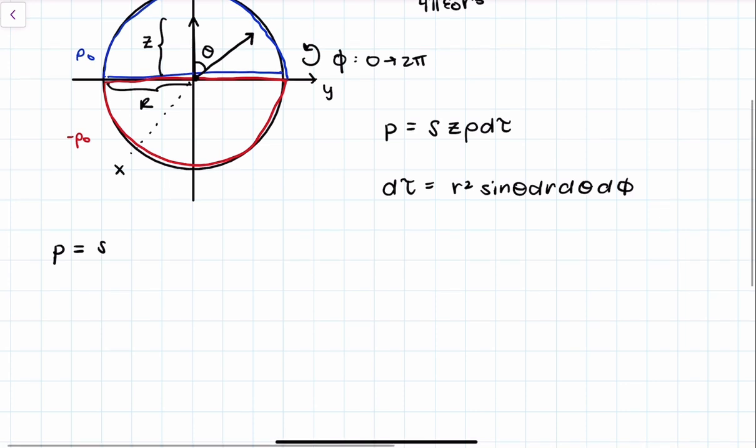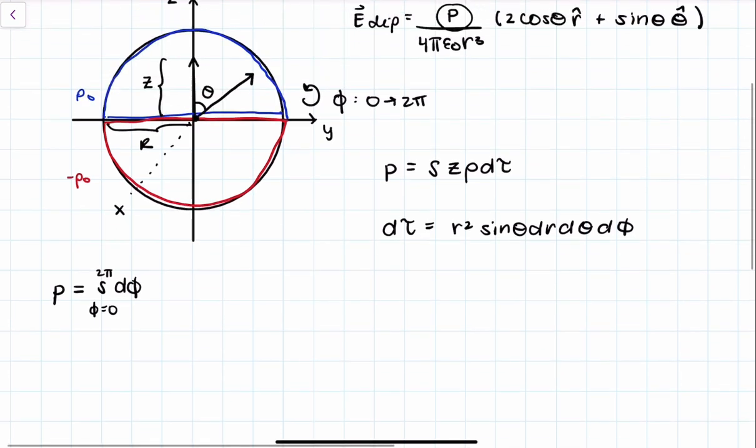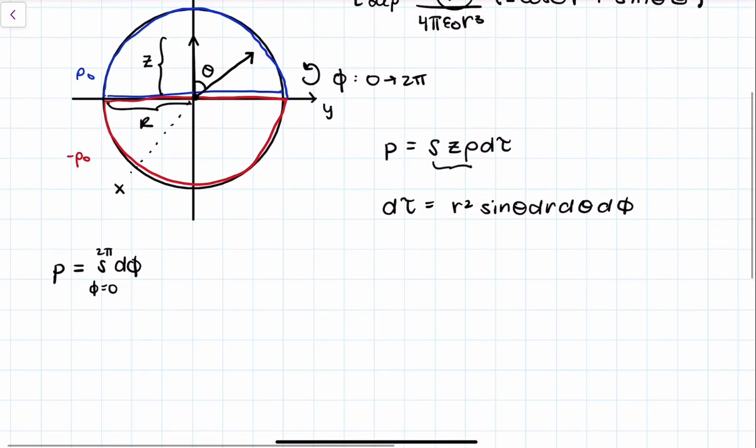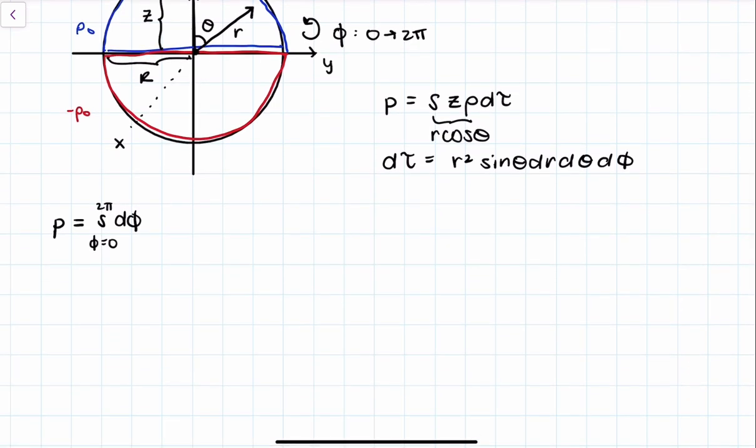So when we take the integral of this, phi again goes from 0 to 2 pi. And in this case, z is r cosine theta. So if we keep writing our integral, we do the theta.